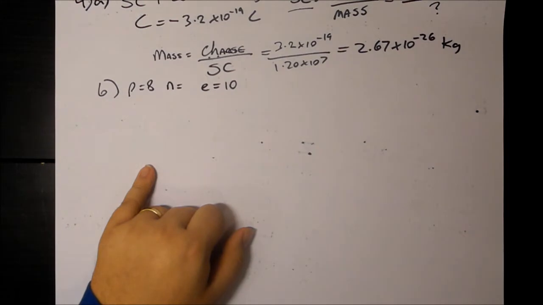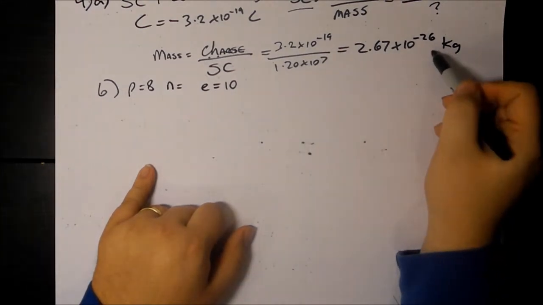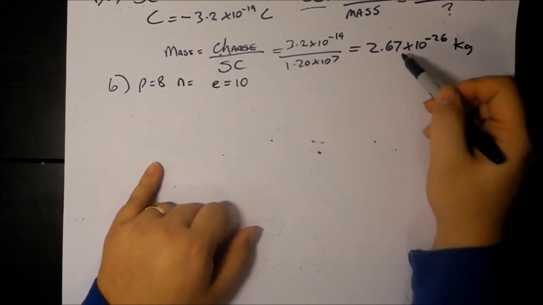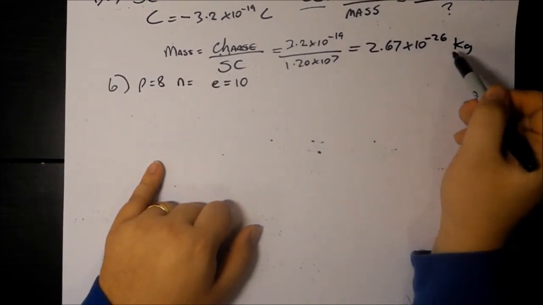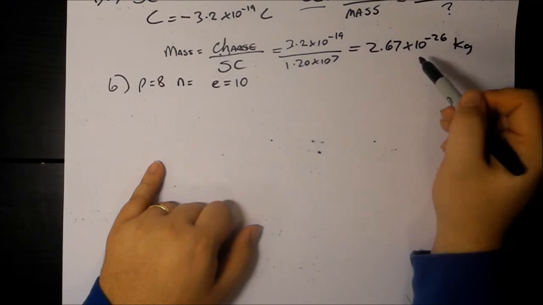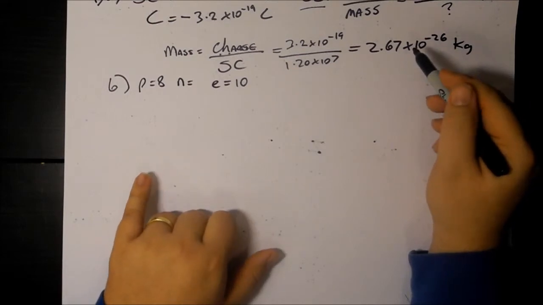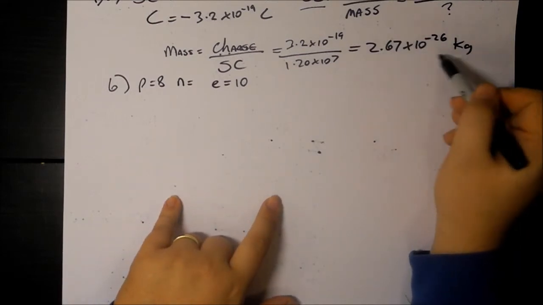Neutrons, well, we know the mass, and we know that most of the mass, or mathematically all of the mass, is going to come from the nucleus, from the nucleons, the protons and neutrons added together. Therefore, the mass of the nucleus is equal to this.